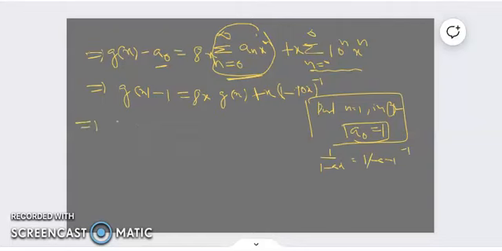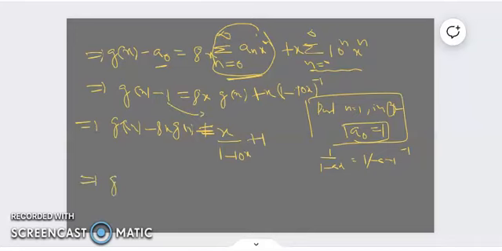So from this, g of x minus 8x into g of x is equals to x into 1 minus 10x whole power minus 1, which can be written as x by 1 minus 10x, plus 1. So minus 1 can be taken to this side.